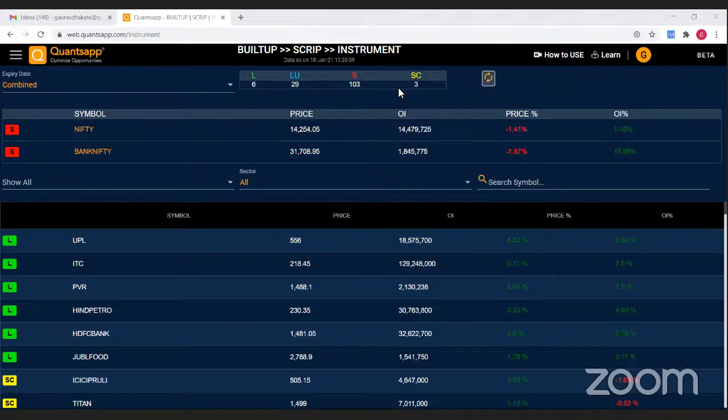So this is a way of looking into the build-up, which gives a more significant idea. So if I say for Bank Nifty, price decline is almost 2% and OI increase is by 16%, which is a good indication कि price fall में market participant अच्छा confidence दिखा रहा है for the fall in the price.